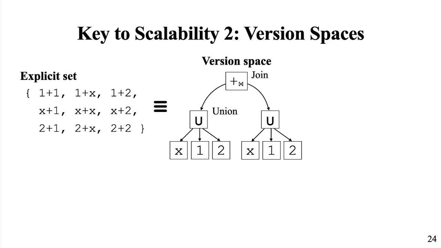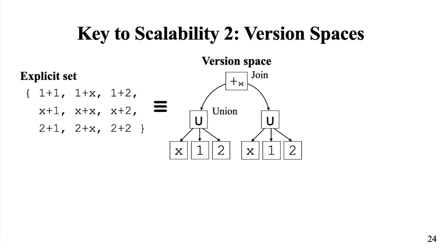To address the second challenge, we use an efficient data structure called version space. A version space is a graph where each node represents a set of expressions. Each leaf node here represents a single expression, and they are composed into larger sets. A union node marked with U represents a union of all its children, and a join node marked with bowtie applies a function symbol to every possible combination of expressions represented by its children.